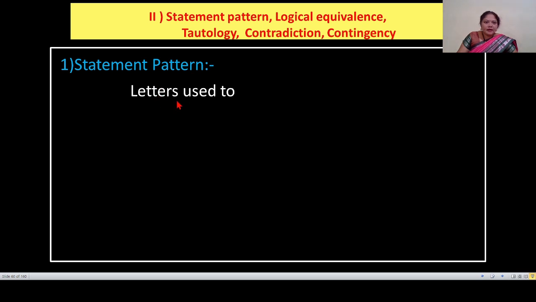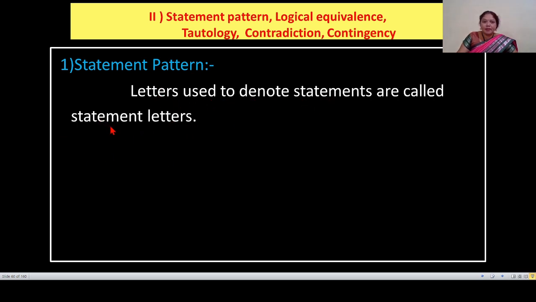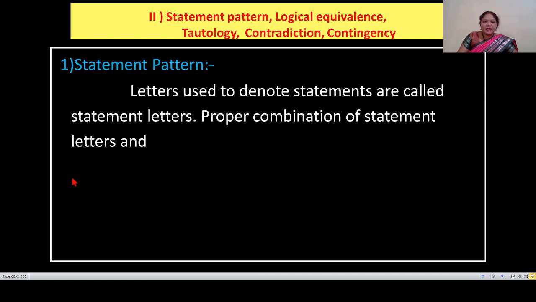Next point: statement pattern, logical equivalence, tautology, contradiction, contingency. First sub point is statement pattern. Letters used to denote statements are called statement letters. That means P, Q, R, etc. are statement letters. A proper combination of statement letters and connectives is called a statement pattern.